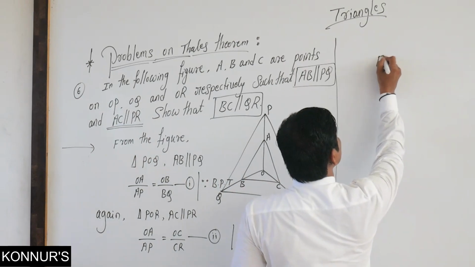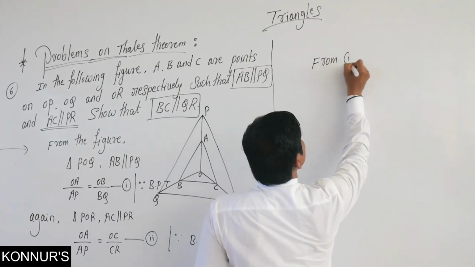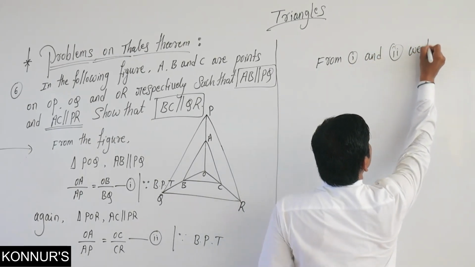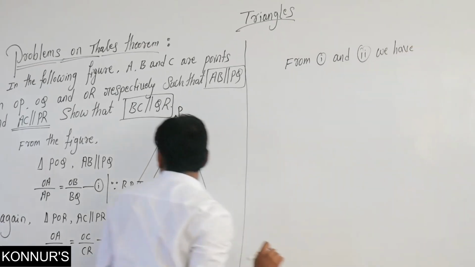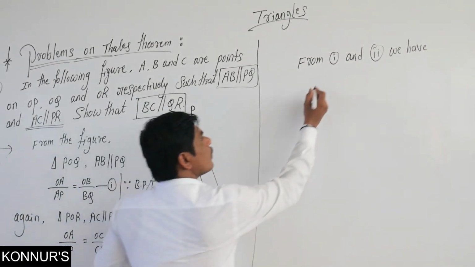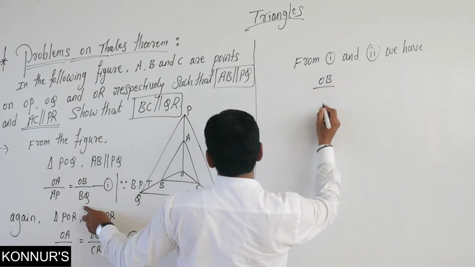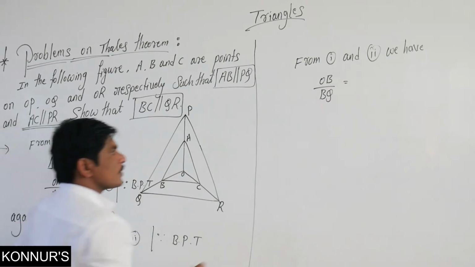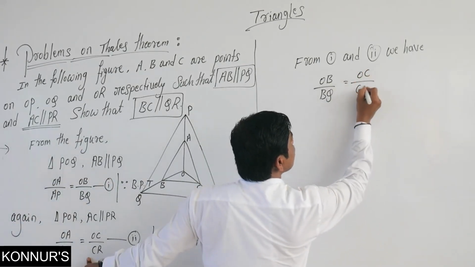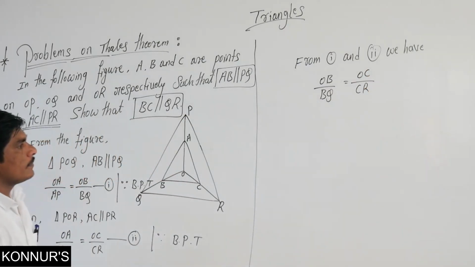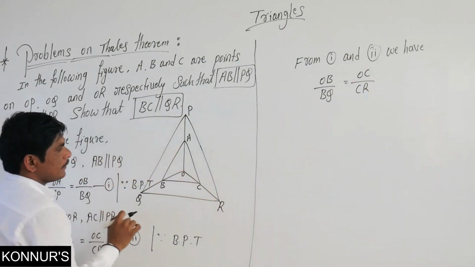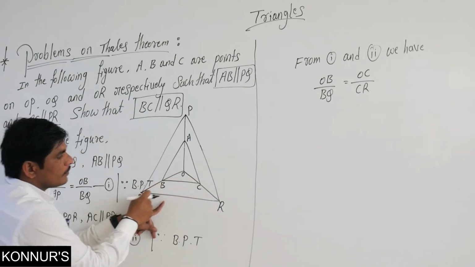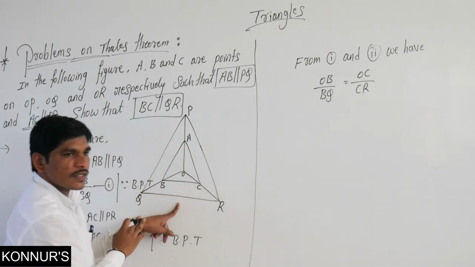Here from 1 and 2, we have OB divided by BQ is equal to OC divided by CR. This result we observe in the figure, OB divided by BQ, OC divided by CR.